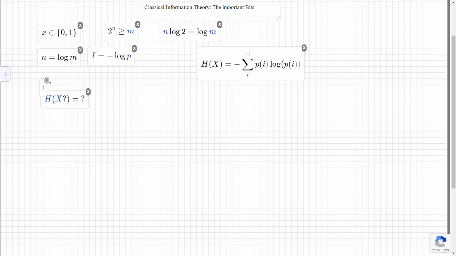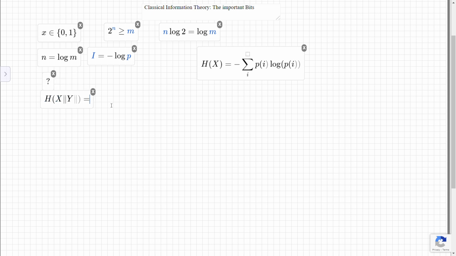Let's first define the probability distributions as well, just for clarity. So let's say x has the probability distribution p and y has a probability distribution q, right?